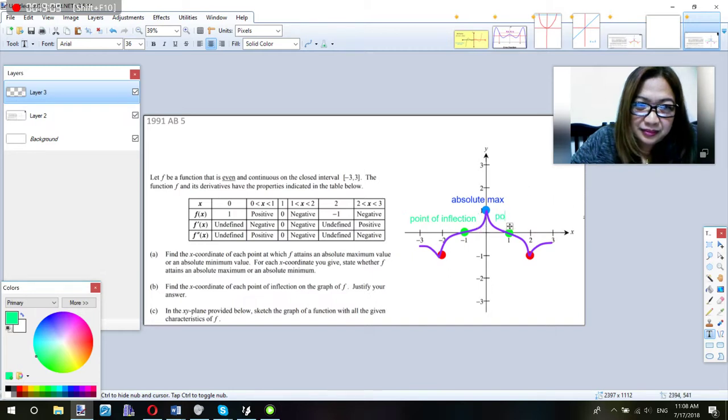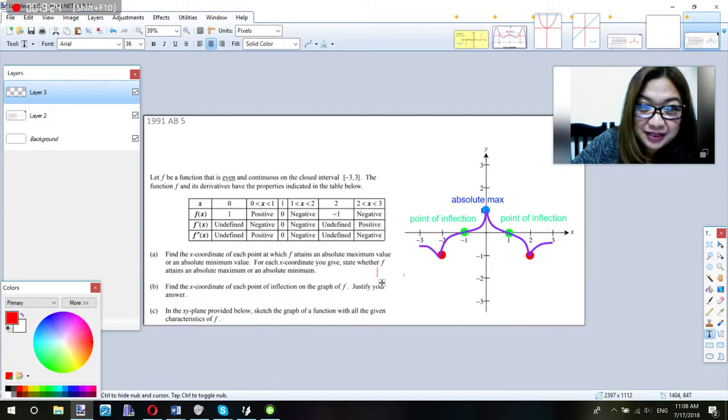Point of inflection, point of inflection. So we got points of inflection at x equals 1 and x equals negative 1. And then we have absolute minimums where? Absolute minimum falls when x is equal to negative 2 and positive 2. Okay, absolute minimums at x equals negative 2 and x equals positive 2.